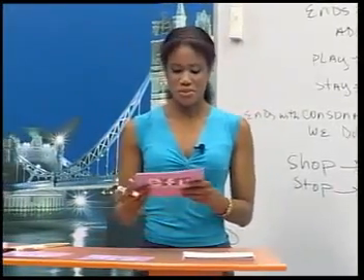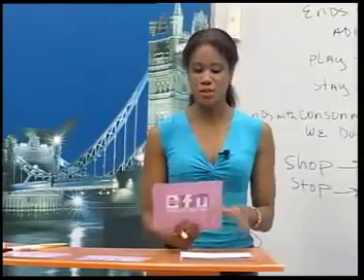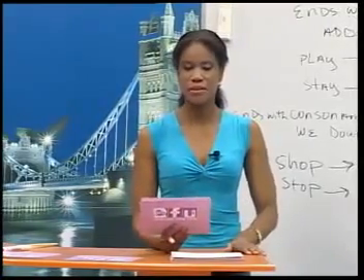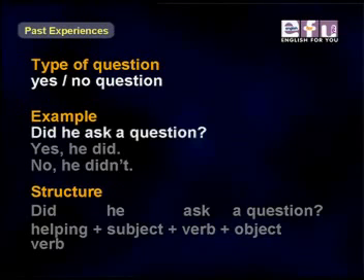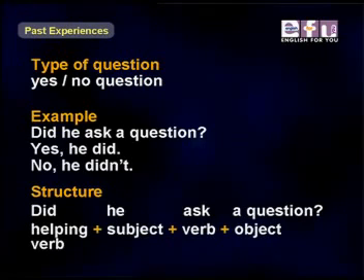In English, there are 3 ways of asking questions. Look at the chart, please. Now, first type of question is a yes-no question. For example, did he ask a question? Yes, he did. Or, no, he didn't. Now let's look at the structure.